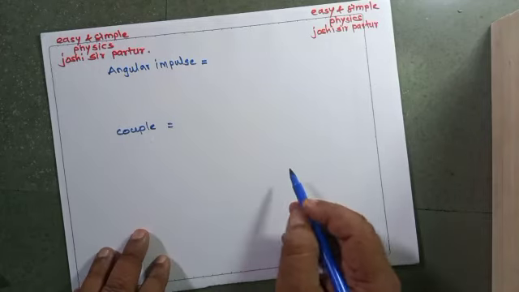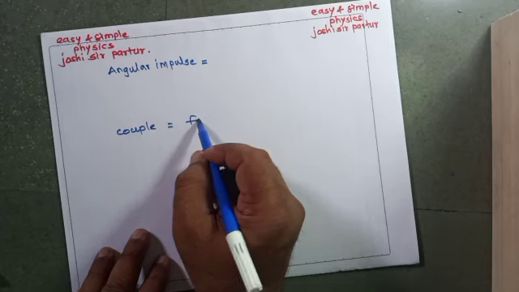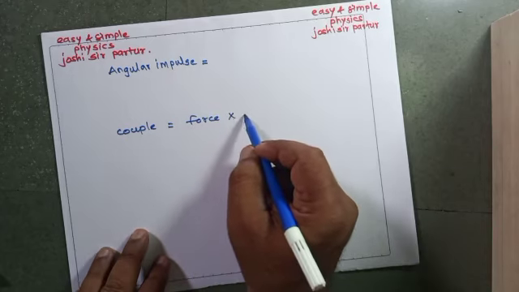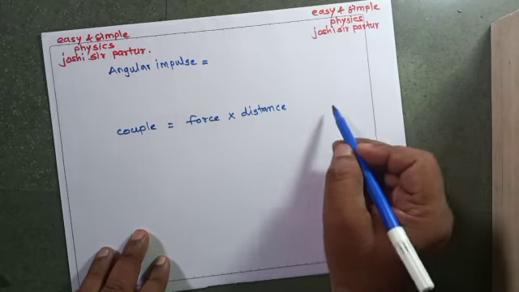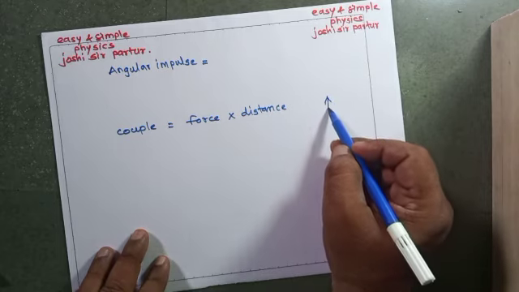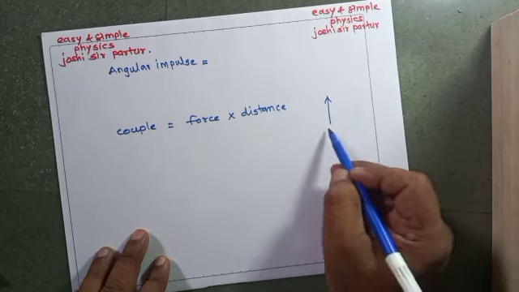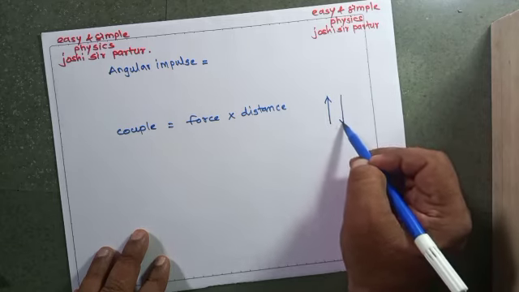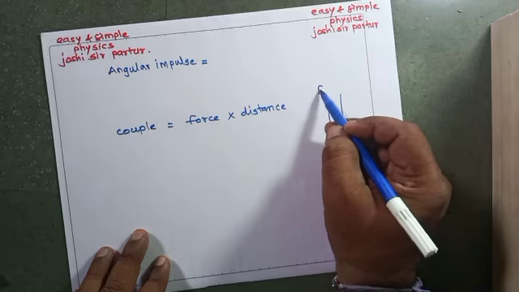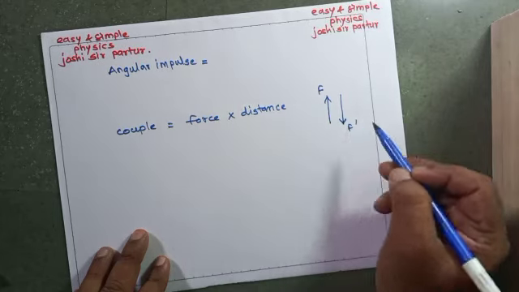Couple is the product of force and distance. See here, two forces are there: one upward force and another downward force, this F and this F dash.